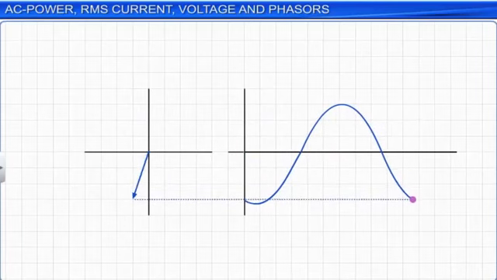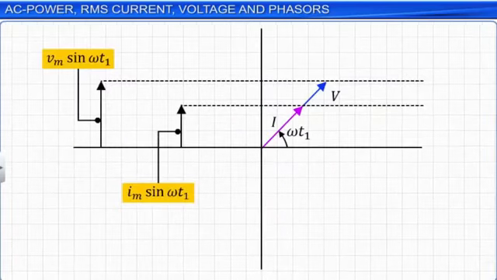To get the physical values of the sinusoidal varying quantities, such as AC current I and AC voltage V, we take the vertical component of the phasors, I and V, respectively. The magnitude of phasors, V and I, signifies the maximum or peak amplitudes of the quantities specified by the phasor.